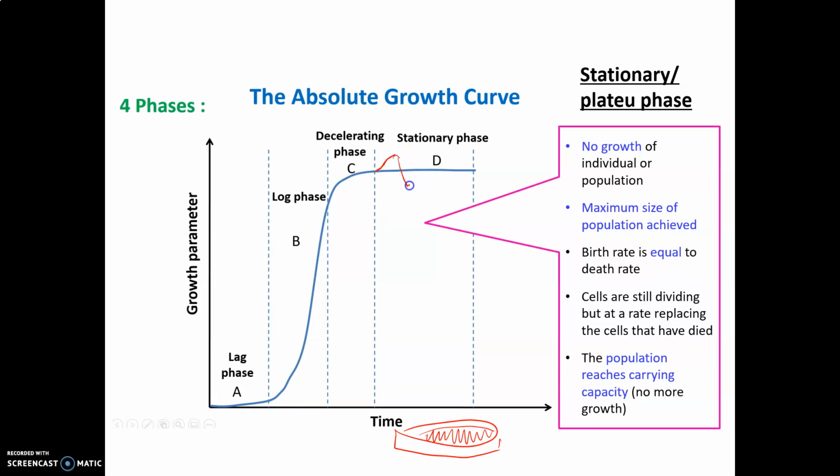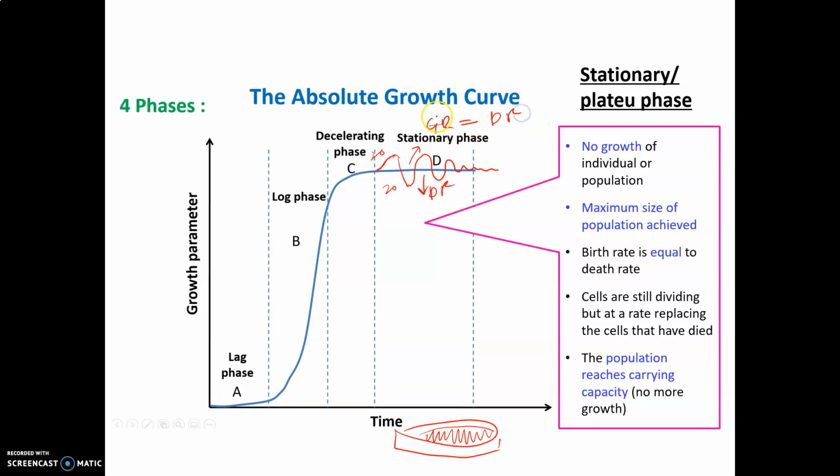So disebabkan ini adanya the growth, adanya the birth rate and juga death rate itu pada kadar yang sama. Let's say ada 20 bakteria yang baru dihasilkan, ada pula 20 bakteria yang baru mati. Eventually kita boleh nampak dia basically sama saja. Okay, the growth rate ni, this one adalah growth rate, is the same dengan the death rate. This one adalah DR, this one death rate.